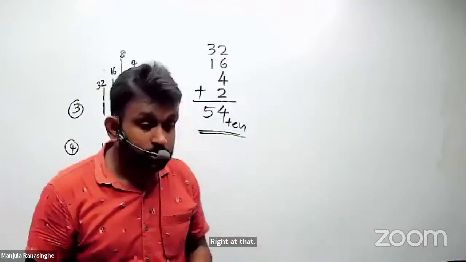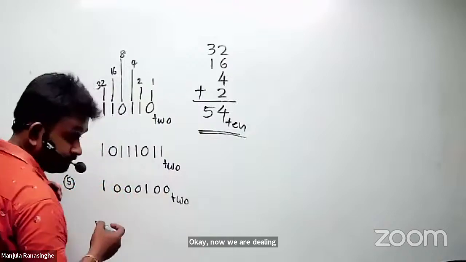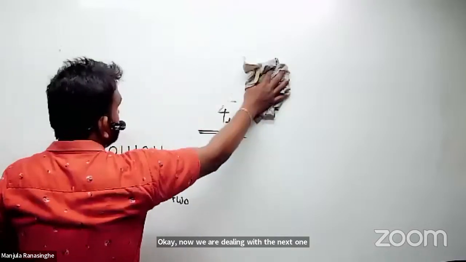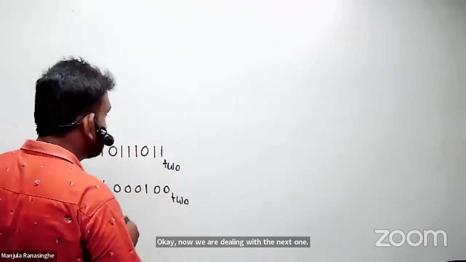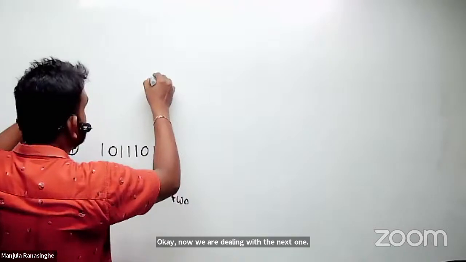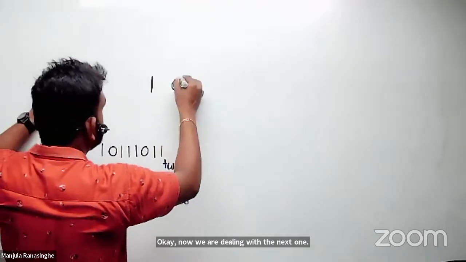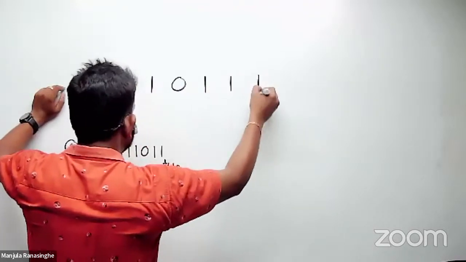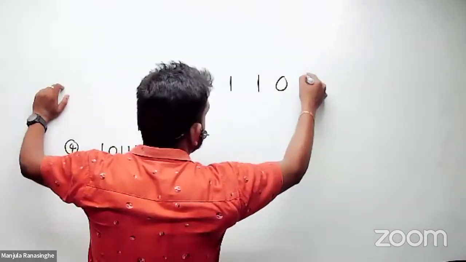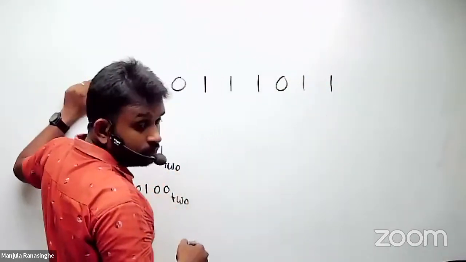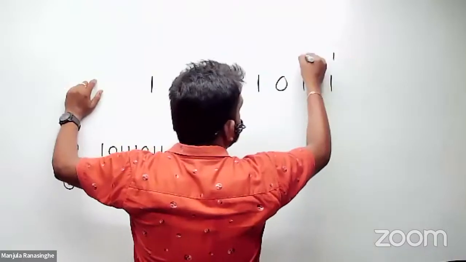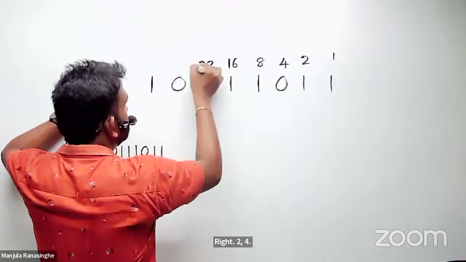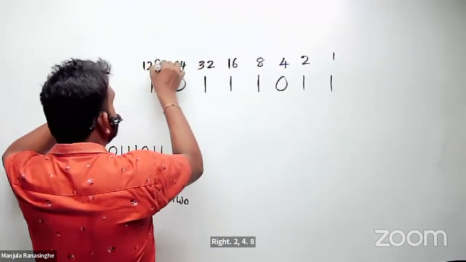Okay. Now we are dealing with the next one. Right. So the place values are 1, 2, 4, 8, 16, 32, 64, 128.